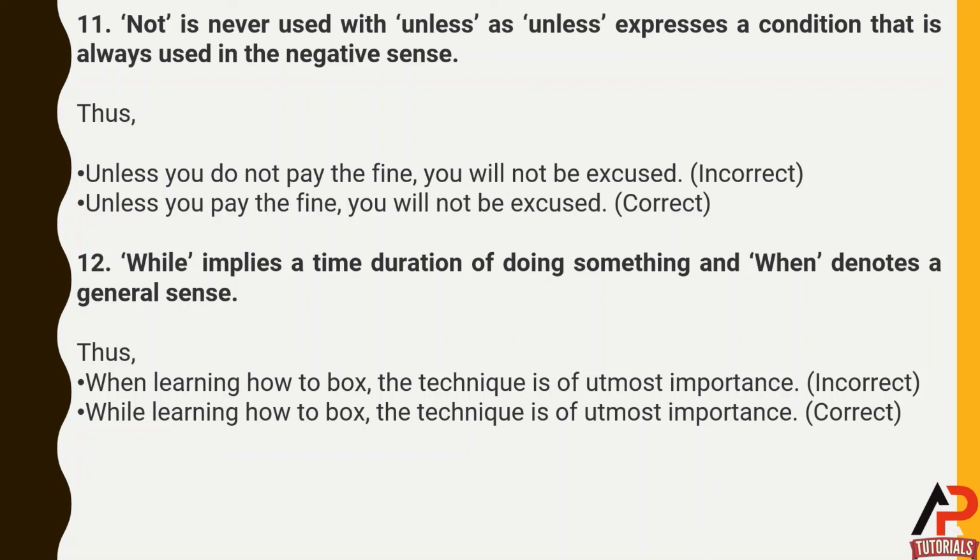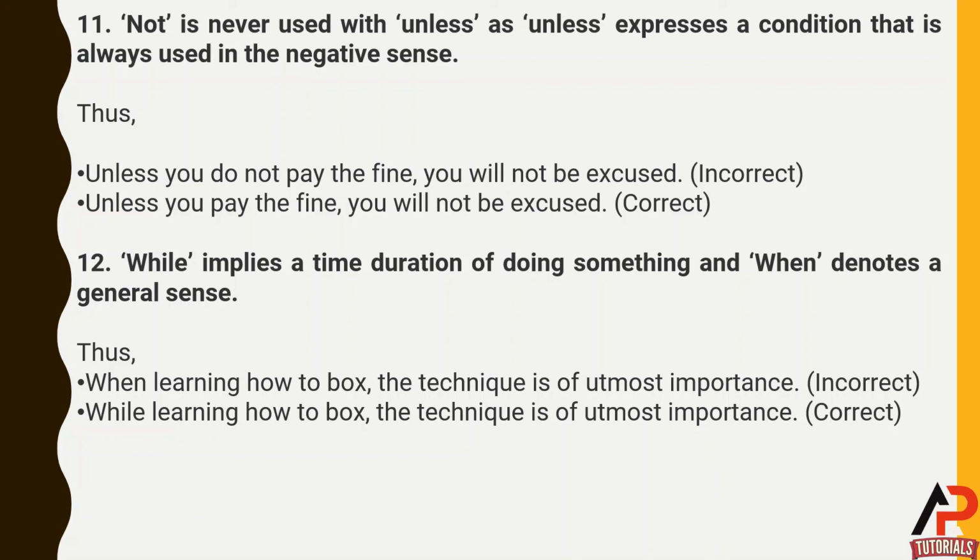And now coming to the 12th rule, while implies a time duration of doing something and when denotes a general sense. It means that when we are using while, we are talking about the time duration of doing something, and when we are using when, it is used in a general way. Like you'll see in this example, when learning how to box, the technique is of utmost importance.